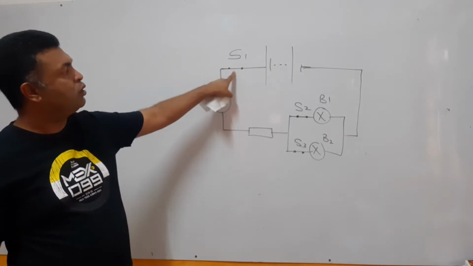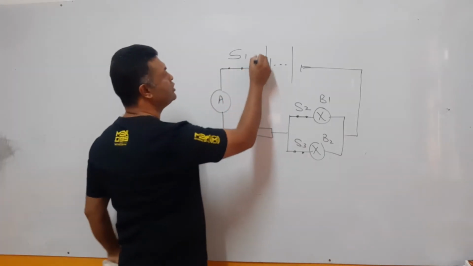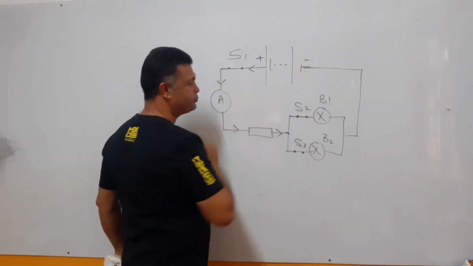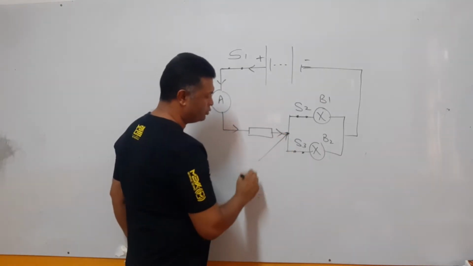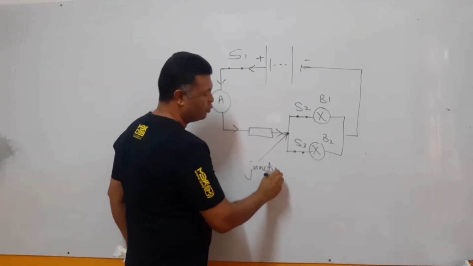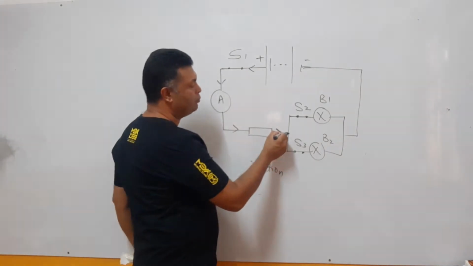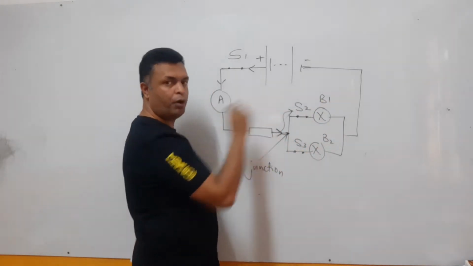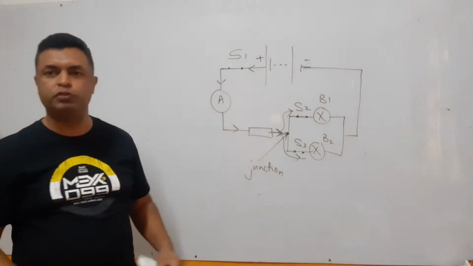Now, since the switch S1 is closed, current will flow. This is positive, this is negative. The current will flow. Current comes here. Then, this is called a junction. In physics, we call this a junction. So if the current is coming here, some of the current will pass through bulb B1, some of the current will pass through bulb B2.